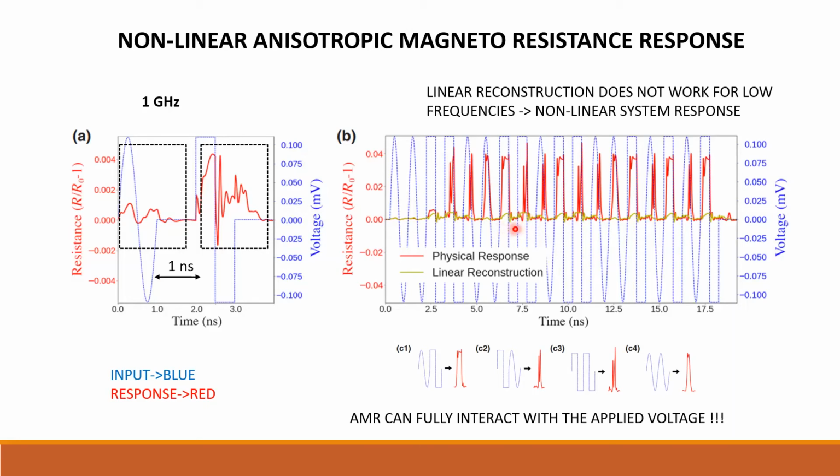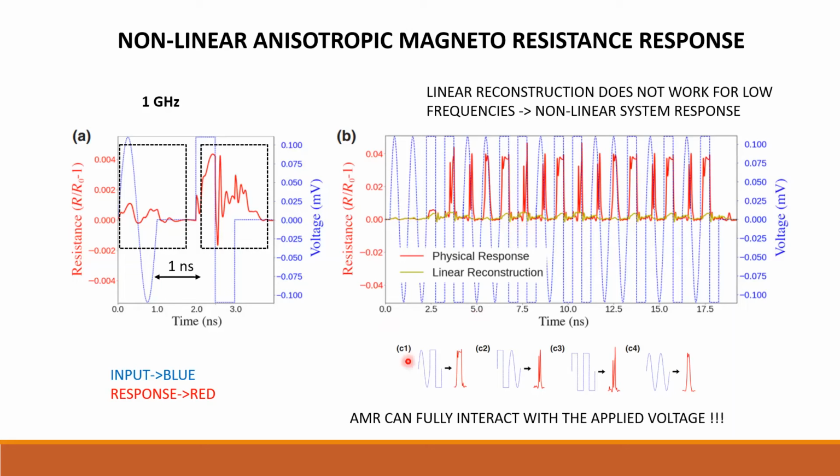And the second important outcome is that the reservoir itself has a short time memory. It is history dependent, which means that the current AMR response not only depends on the current driving voltage, but also depends on the previous input signals, and this gives the possibility to recognize not only the current input signal, but also former input signals.